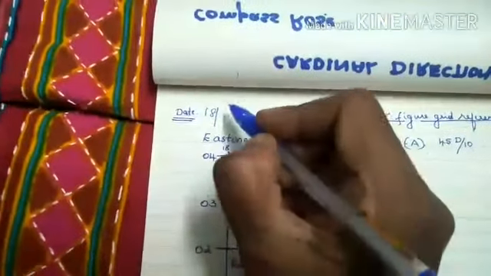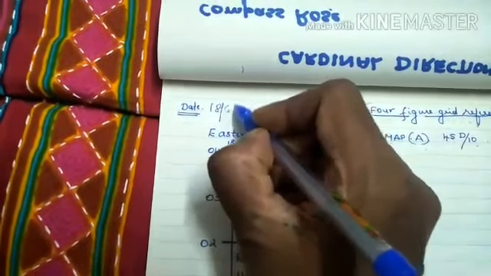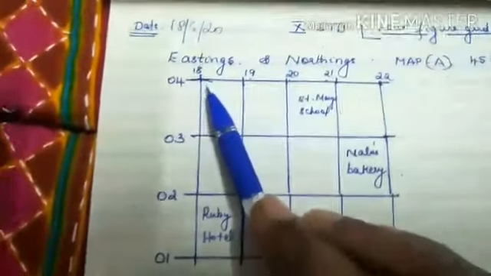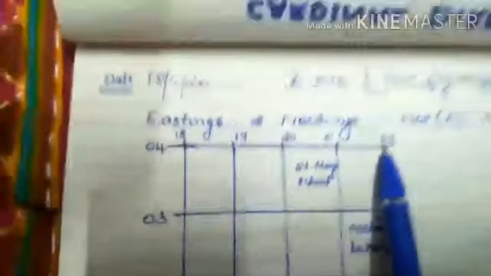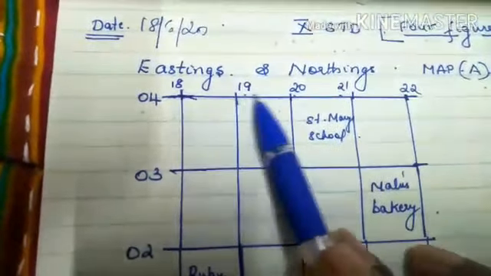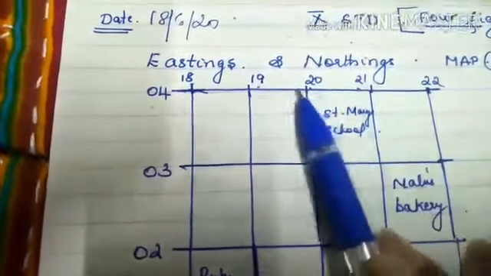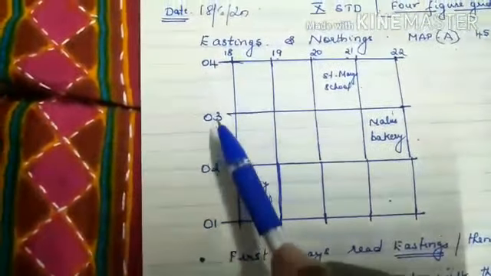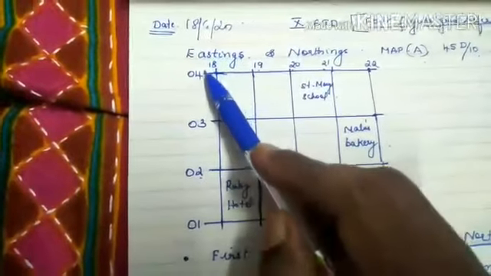So this is how you have to read this. It's a 2-digit number. These are known as eastings, and 01, 02, 03, 04, these are northings.